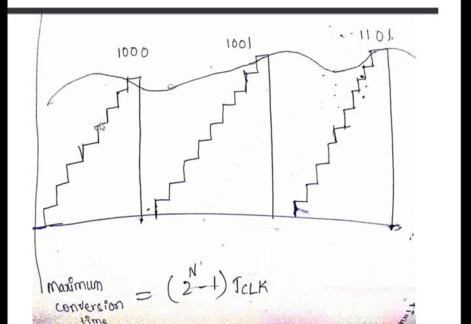The DAC output is a staircase waveform. We already studied the DAC in the previous lectures. After counting 1000, it will reset to 0. The counter output will become 0. So if I want to count one more number, that is 1001, the DAC starts again from the initial stage.